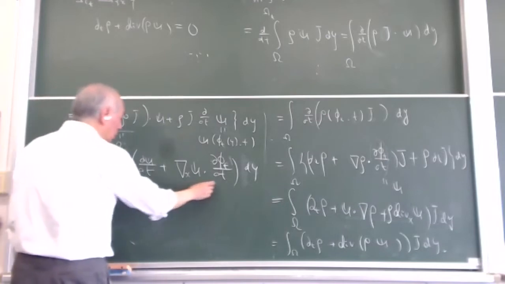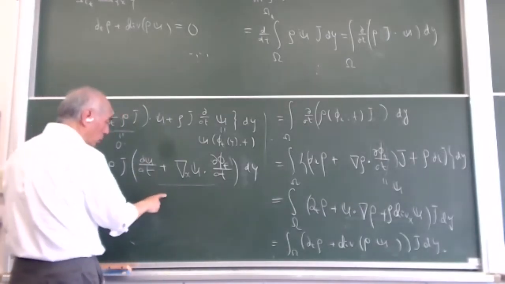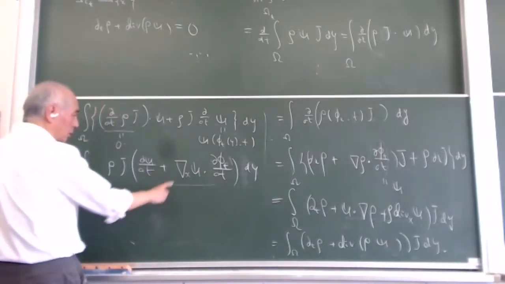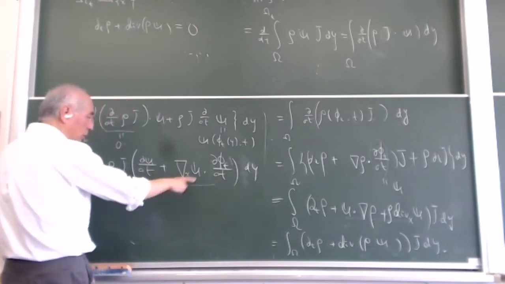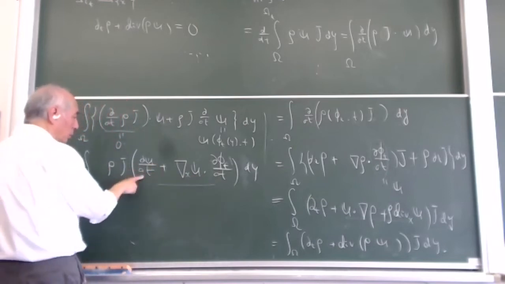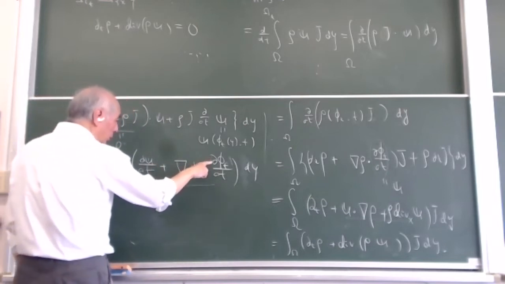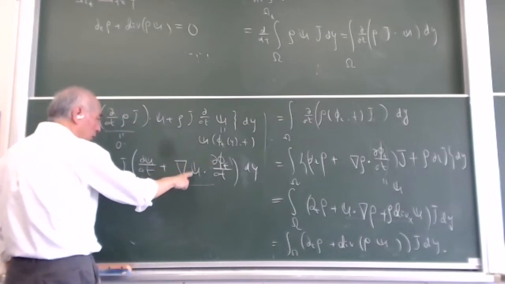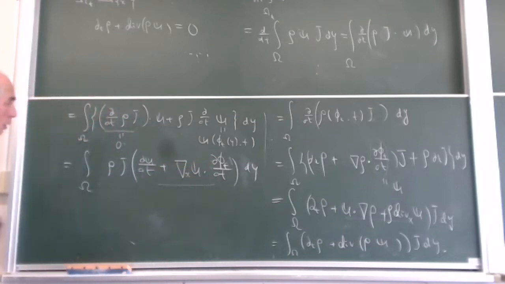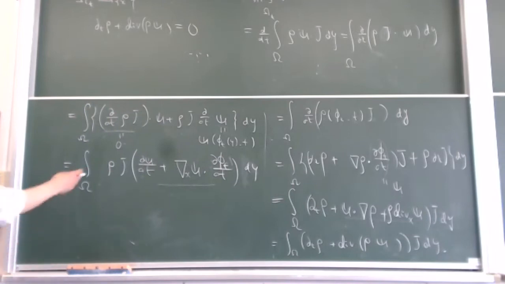So this is how to derive the so-called material derivative. We call this the material derivative: the time derivative plus the velocity field dot nabla_x u.